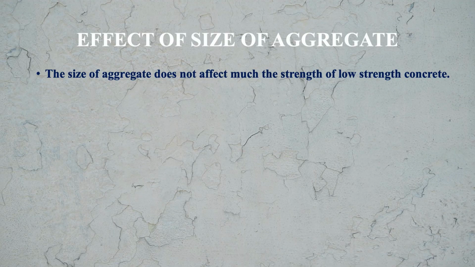How does the size of aggregate affect the strength of the concrete? The size of aggregate does not affect much the strength of low strength concrete. Means if we are considering the case of low strength concrete, then the size of aggregate will not affect much the strength of the concrete.